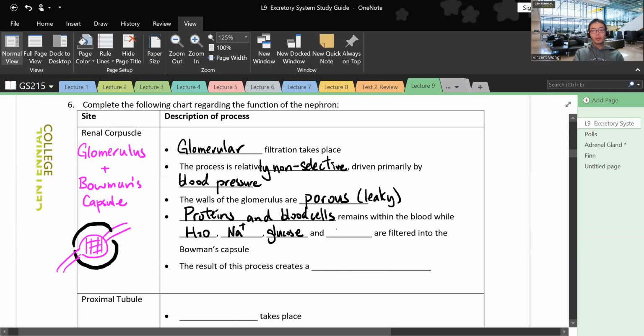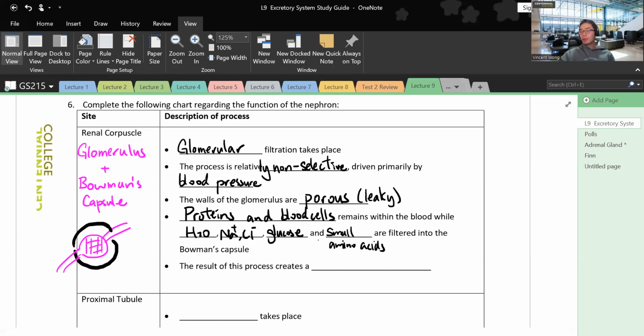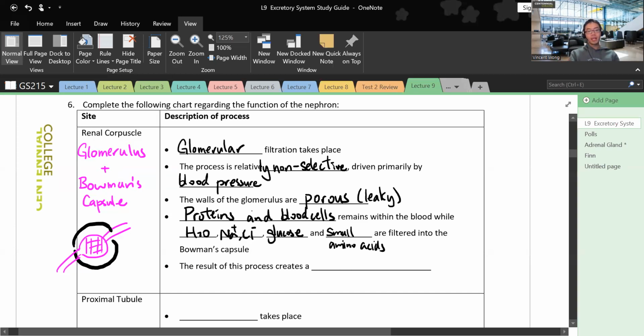And maybe a little bit of small amino acids. Okay, so Na+, Cl-. So these things, they're small enough to squeeze through the gaps in the capillary, and then they will come out. And when I say they come out, I mean they will come out of the glomerulus and be captured by the Bowman's capsule.